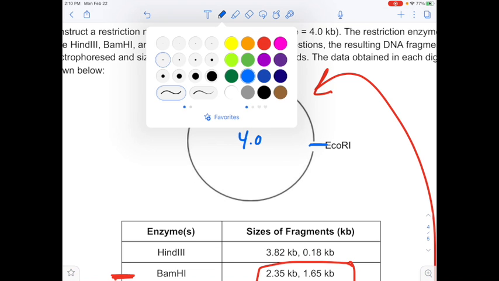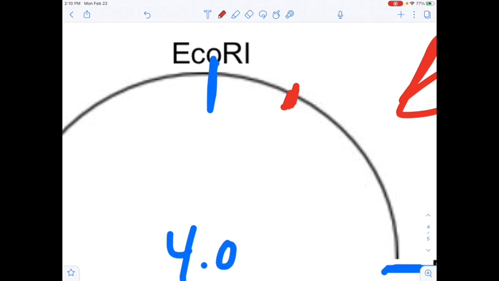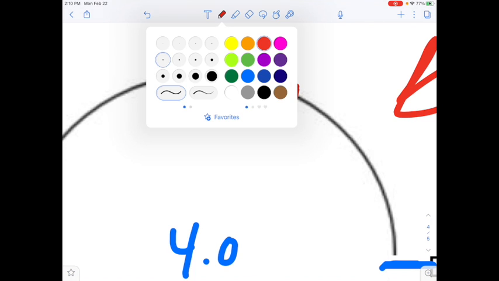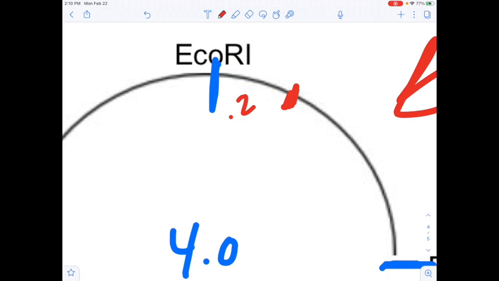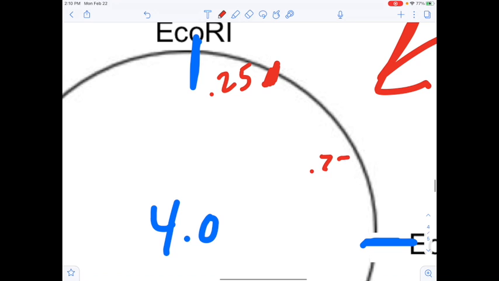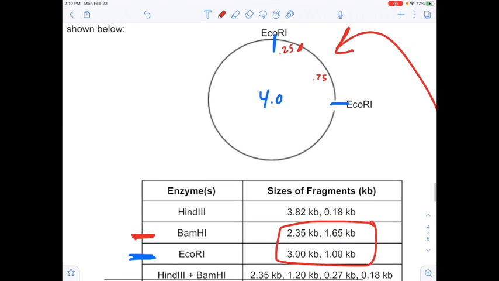So I'll use red. I'll put the 0.25 right there. So there's a 0.25. And then this is a 0.75, which adds up to a 1.0 for the EcoRI.